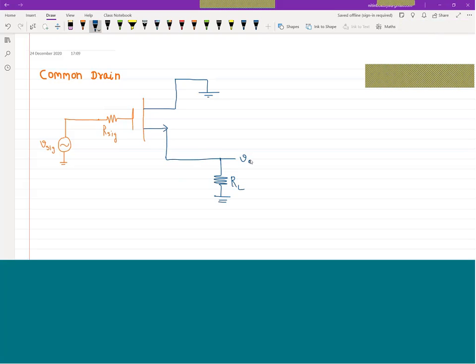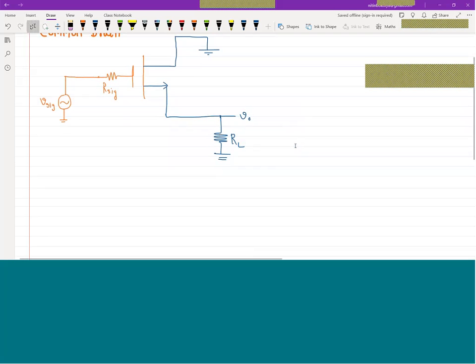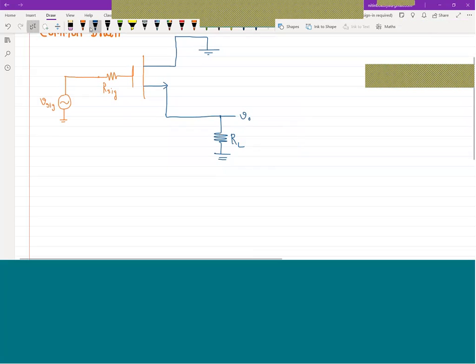So again, we are having one resistance at which terminal? We are having one resistance at the source terminal. So we will go for the RE model. So let's start.